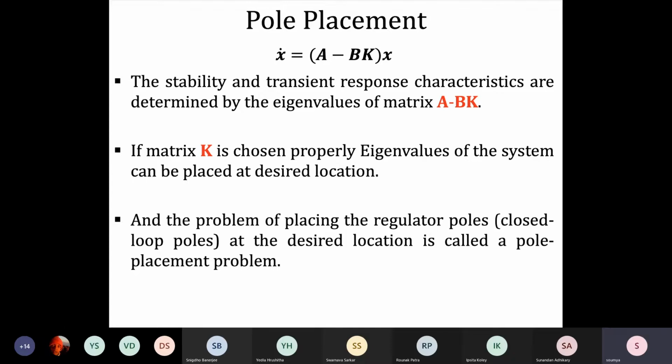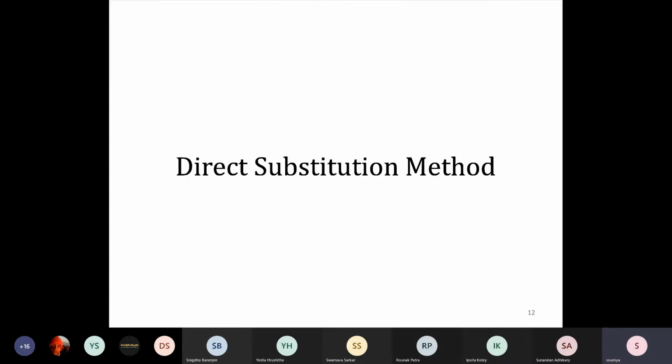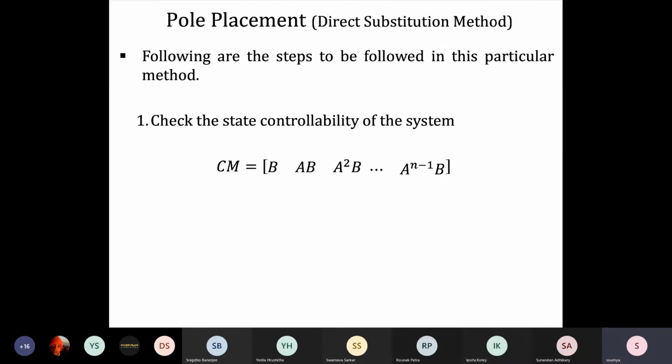The question is, what should be the values of this unknown K, so that the eigenvalues of this matrix become as we want them to be? So that's it. This is the very simple technique of pole-placement-based control design, and this can be done in various possible ways, like the direct substitution method, Ackermann's formula, and also there is something called the transformation matrix P. So we'll see how they work. So very simple actually.